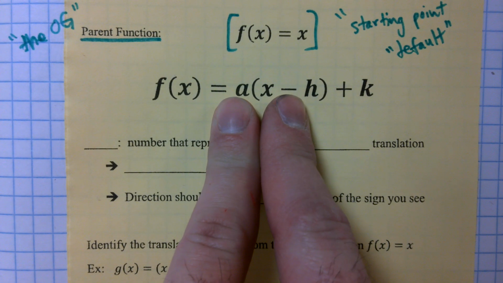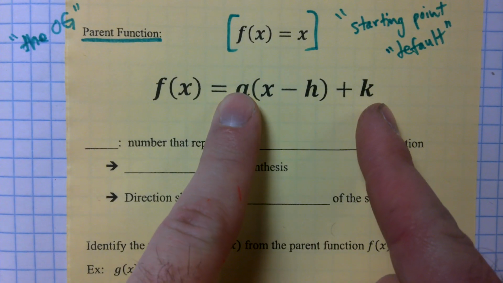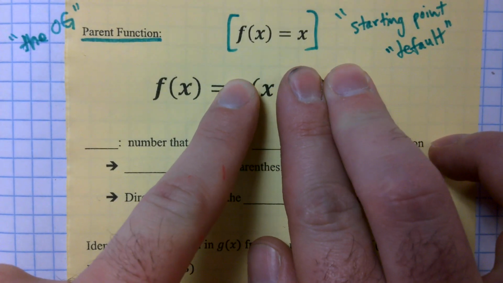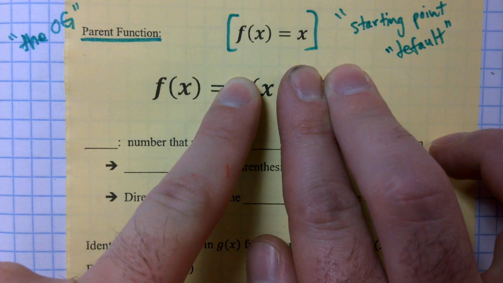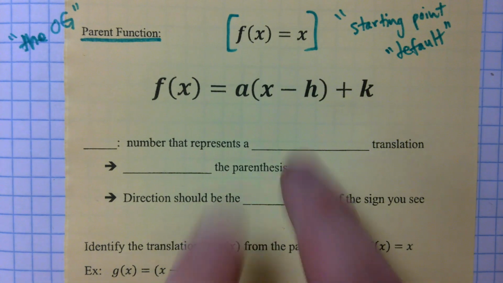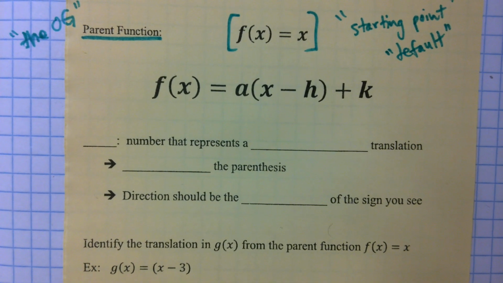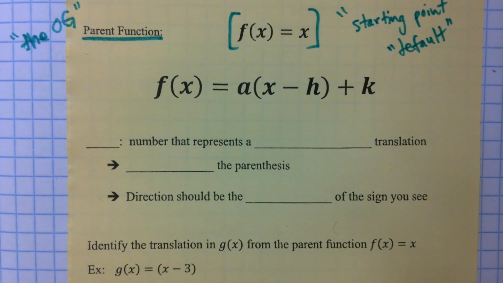Kenny, what did you say? There's an A in there. So all these little things that I did, if I got rid of them, what do I have? x. f(x) = x. So these are my mods. These are my modifications that I'm going to be making to my parent function. We have to interpret what those changes mean. So the first thing is h.